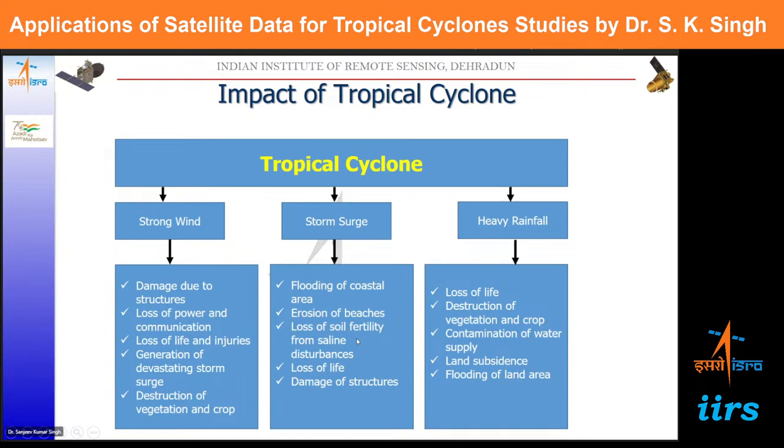Once the tropical cyclone hits the coast, there will be a storm surge, so much water will come inside the land, and due to the saline water, soil fertility will be damaged. Loss of life, damage of structures. Due to the heavy rainfall, there will be loss of life, destruction of vegetation and crops, contamination of water supply, land subsidence, and flooding of land area.